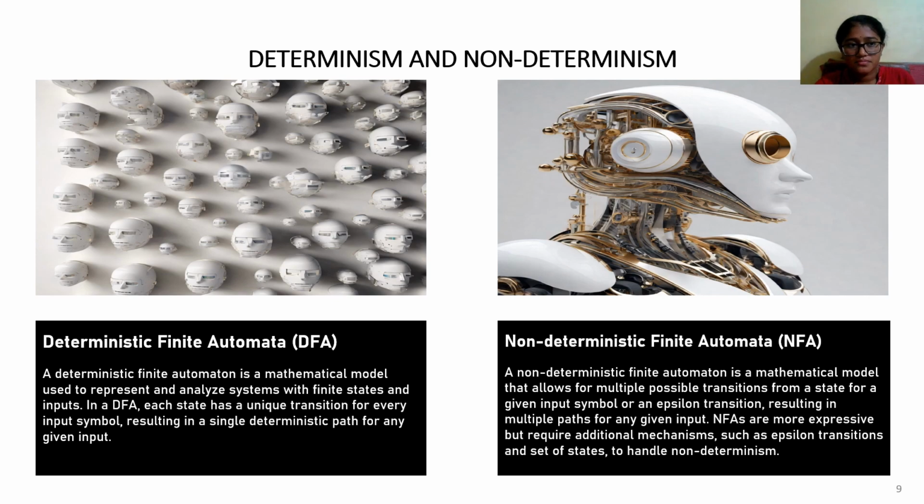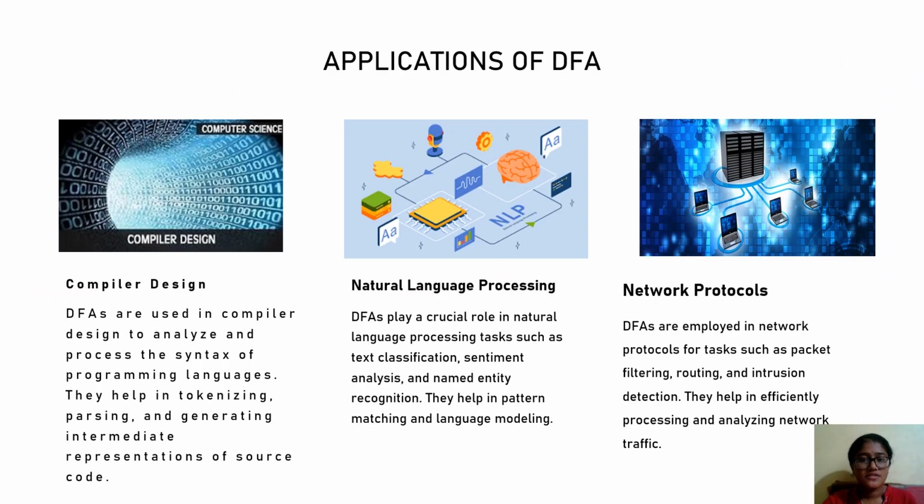So now let's see the various fields where the DFA has been applied. It includes compiler design, natural language processing, and network protocols. Compiler design: DFAs are used in compiler design to analyze and process the syntax of programming languages. They help in tokenizing, parsing, and generating intermediate representations of source code.